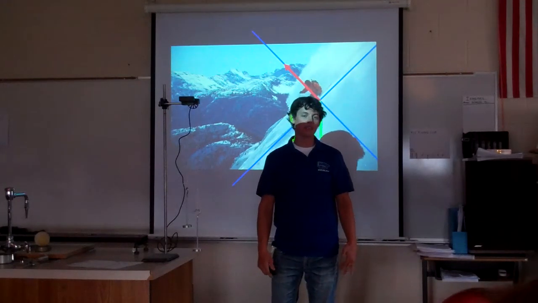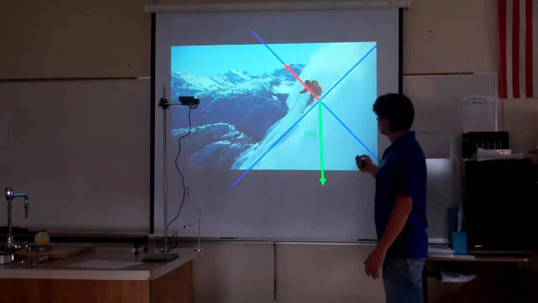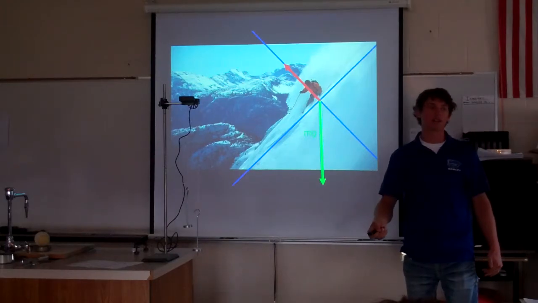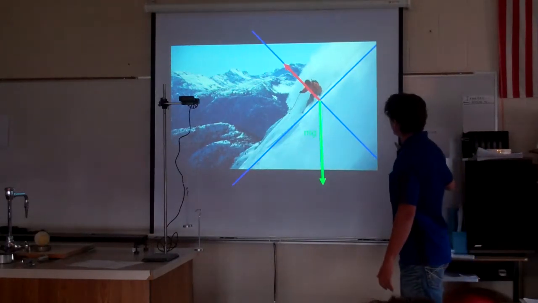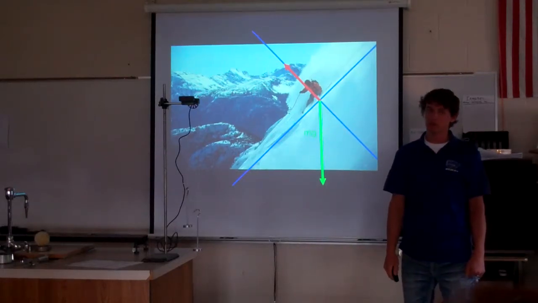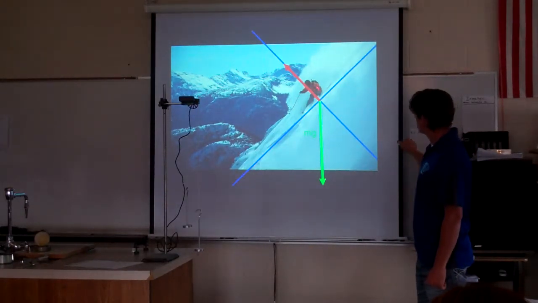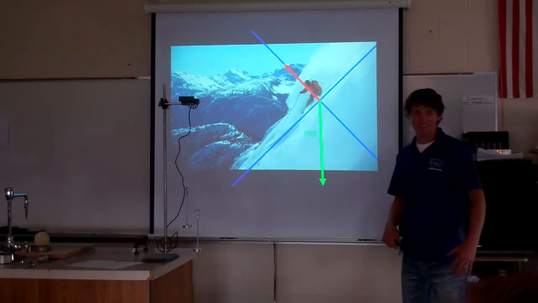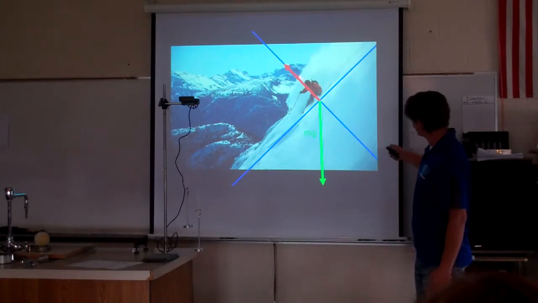Okay, normal means perpendicular. So here is the surface. So far in this class we've only done flat surfaces. Normal is acting perpendicular or straight out of the slope. Okay, at a 90 degree, right here, there's a fly in here and it's attacking me. Okay, right here to the ski slope.